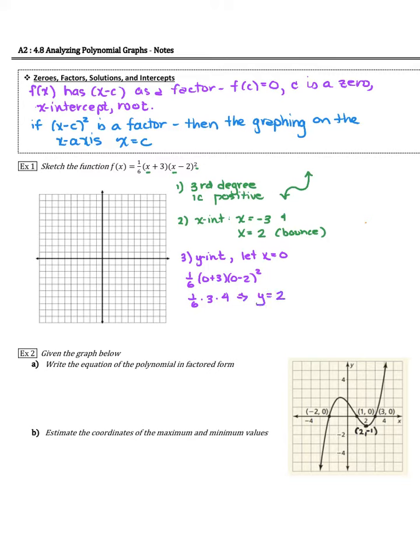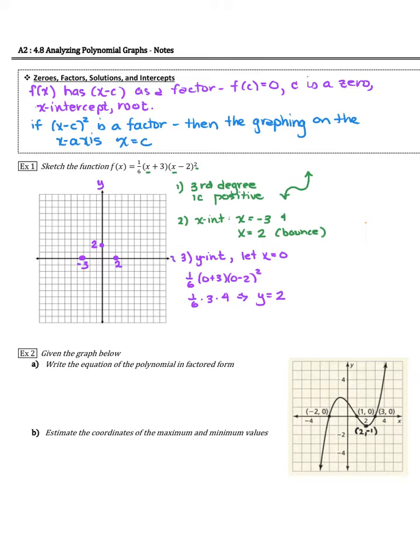So let's start to put some of this on our graph. I have my x-intercept at -3. You always want to label the axis with any critical point that you're putting on there. Don't just leave it as a dot and have us counting tick marks. So here's 2, and I know that I'm also going to cross the y-axis at 2.